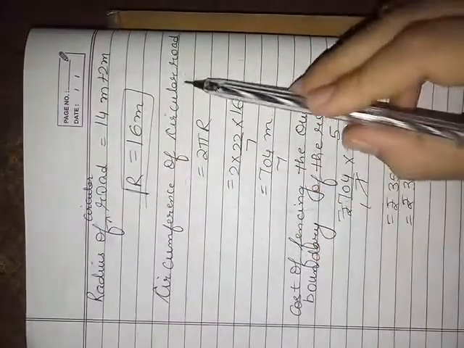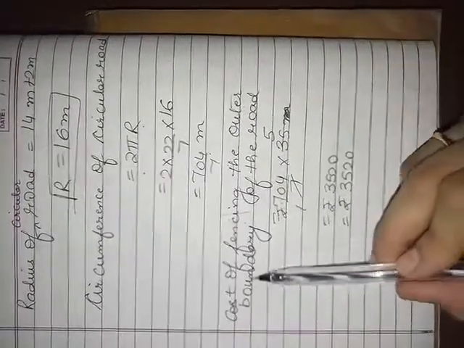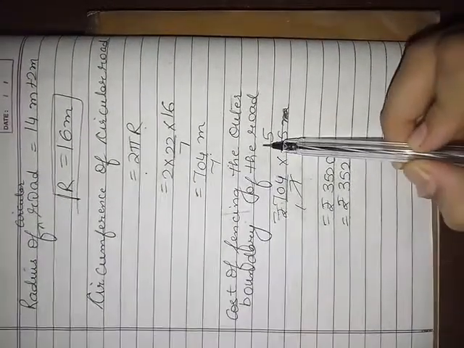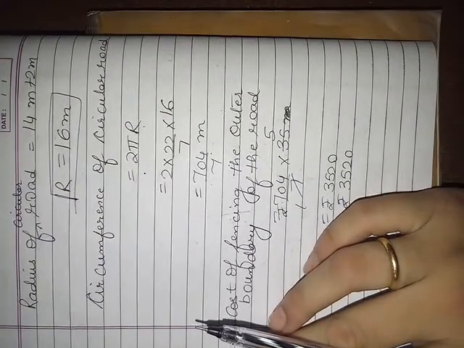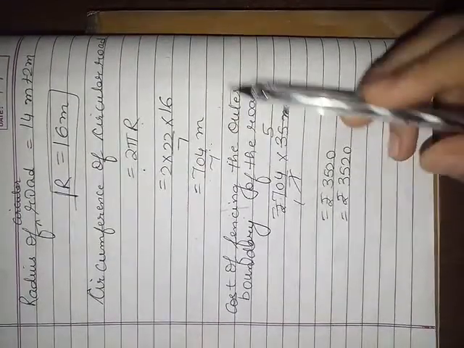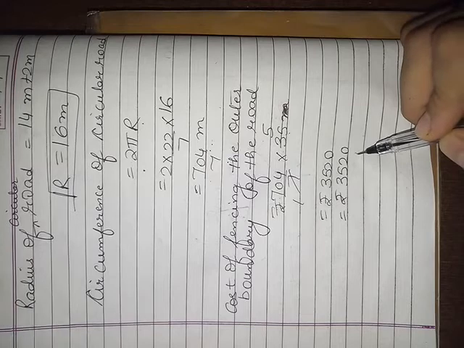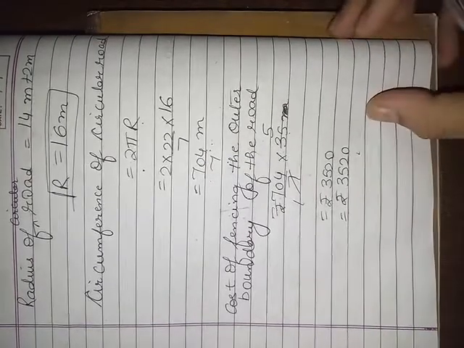Now find the circumference of the circular road, that is 2 pi r. Your answer is 704 divided by 7 meter. To find the cost of fencing of the outer boundary of the road, the cost of fencing of 1 meter is given as 35 rupees. It means total cost will be, we will multiply it with 35 and your answer is 3520 rupees.